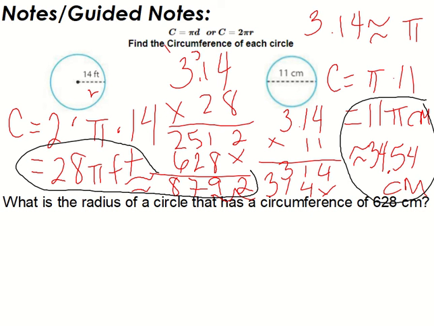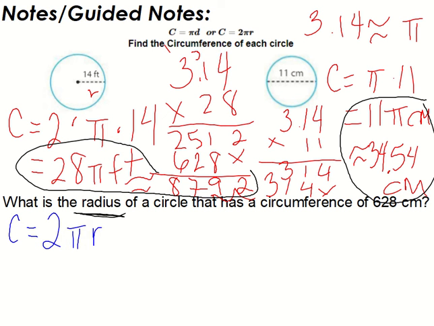All right, so the next question says, what is the radius of a circle that has a circumference of 628 centimeters? So this is working backwards, using our circumference to help us find pieces of the circle. Since it's asking for radius, we definitely want to use our second formula, circumference equals 2 pi r, because we need the radius.